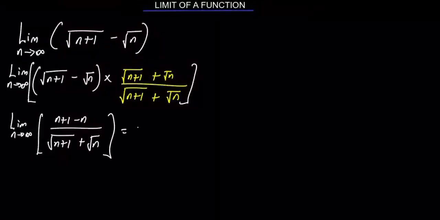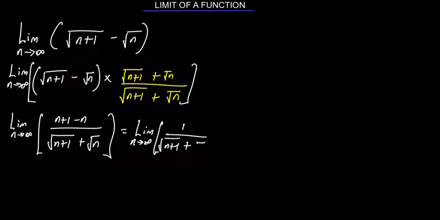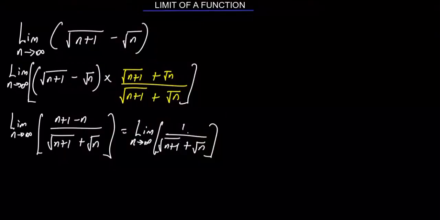So this will give me the limit as n tends to infinity of 1 all over square root of n plus 1, then plus square root of n. Good. Now, what do you think we can do from here? Of course, if I rationalize again, it will shock you that we'll come back to what we have been solving before. So this is what we have.